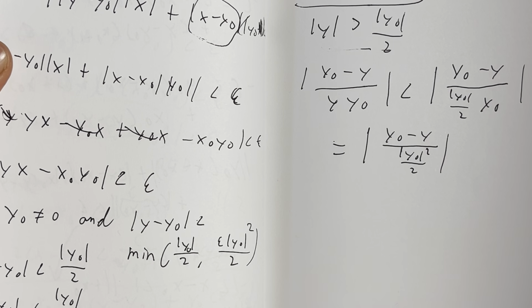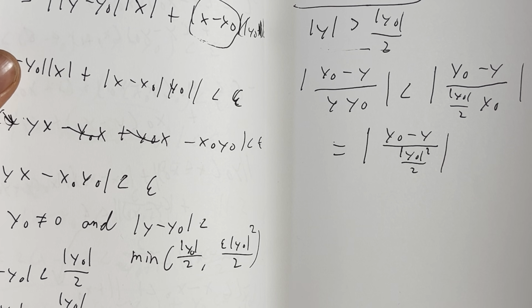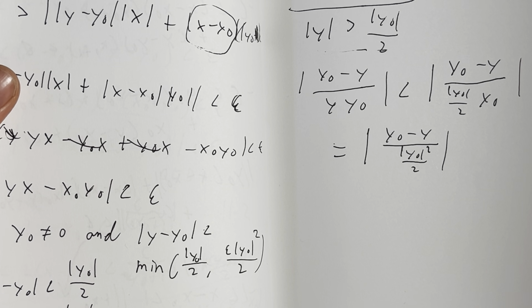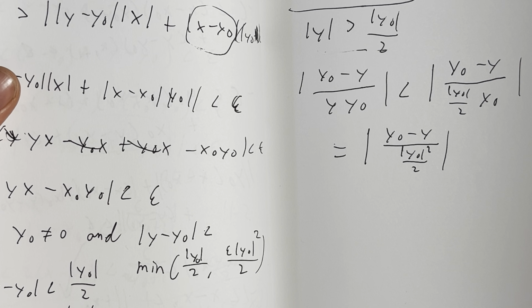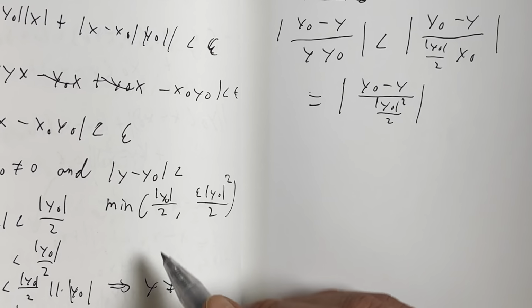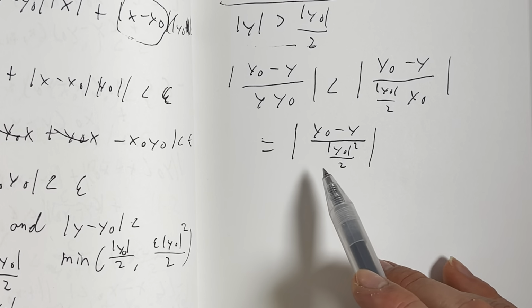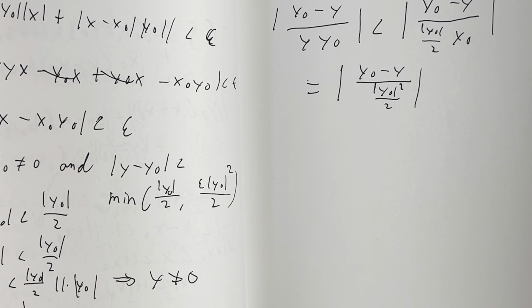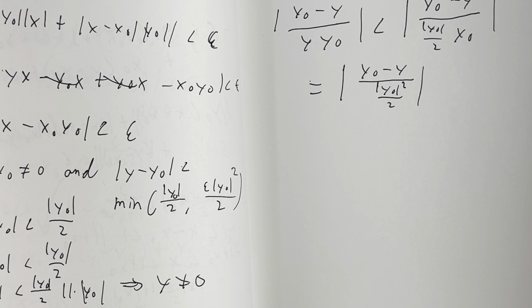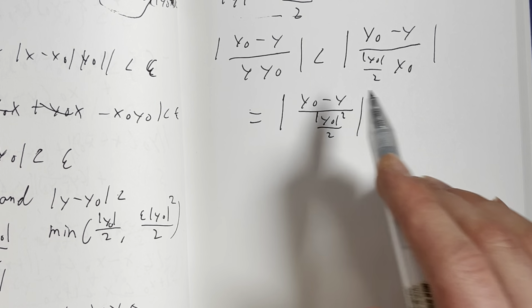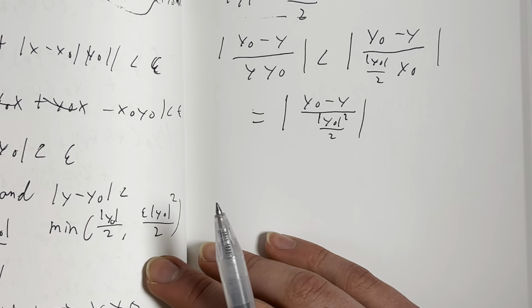And then we can use this. We have the y0 minus y here, and we substitute it with this, because it doesn't matter if it's y0 minus y or y minus y0, since it's an absolute value.